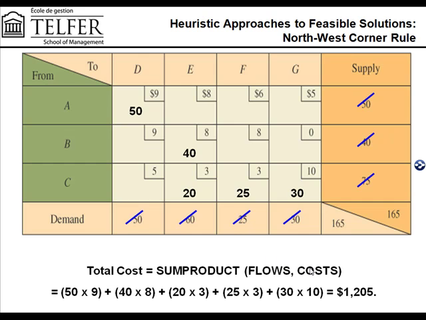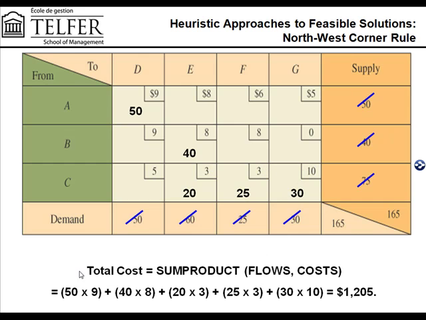We've talked about sum product in the previous class, which is just a way in Excel to multiply two different arrays of numbers together. So in this case, what we are trying to do is multiply 50 times 9 plus 40 times 8 plus 20 times 3 plus 25 times 3 plus 30 times 10.